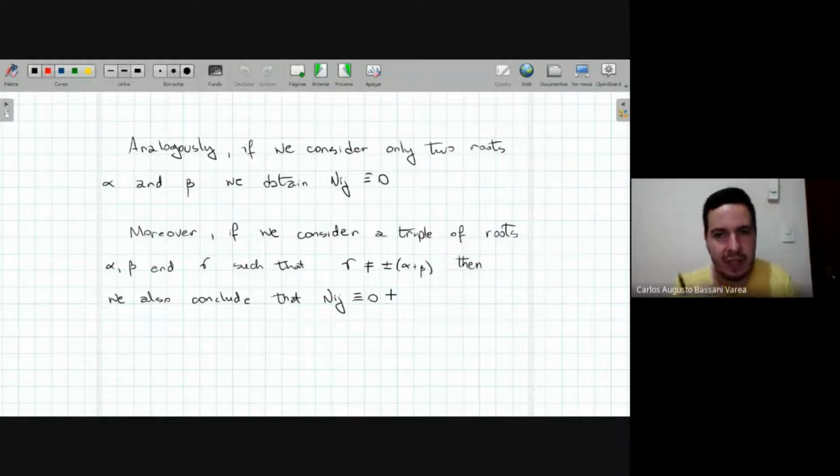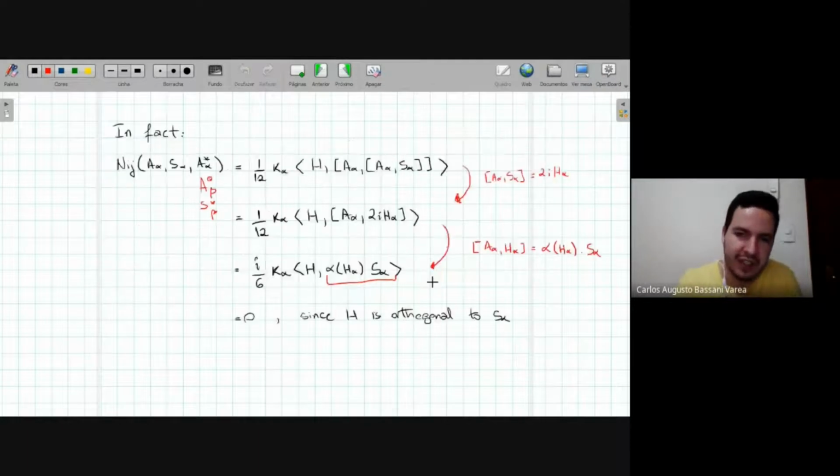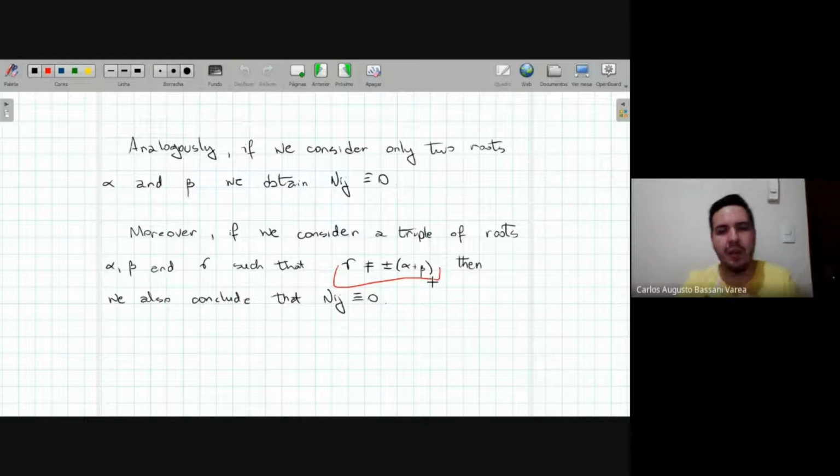The only possibility is when we have three roots of the type alpha, beta, and alpha plus beta. Because if you have three roots alpha, beta, and gamma different from alpha plus beta, plus or minus, you will obtain some element orthogonal to alpha, so it will be 0 immediately. So the integrability will depend on triples of roots of the type alpha, beta, and alpha plus beta.